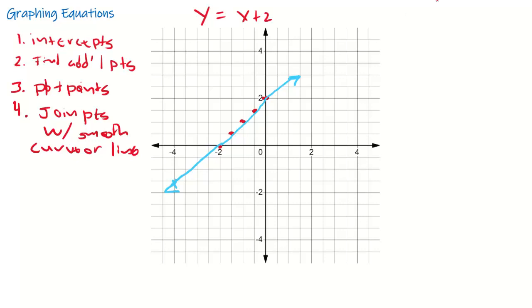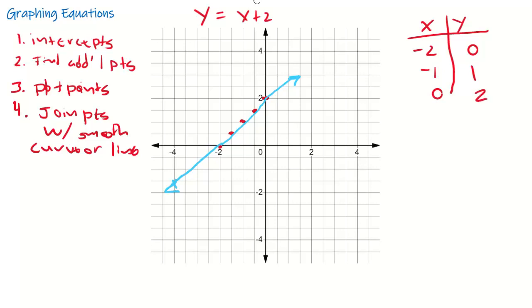Well, I would just make a table: here's x, here's y, and we plug in -2, -1, and then 0. When we plug in -2, -2 plus 2 is 0, -1 plus 2 is 1, and 0 plus 2 is 2.